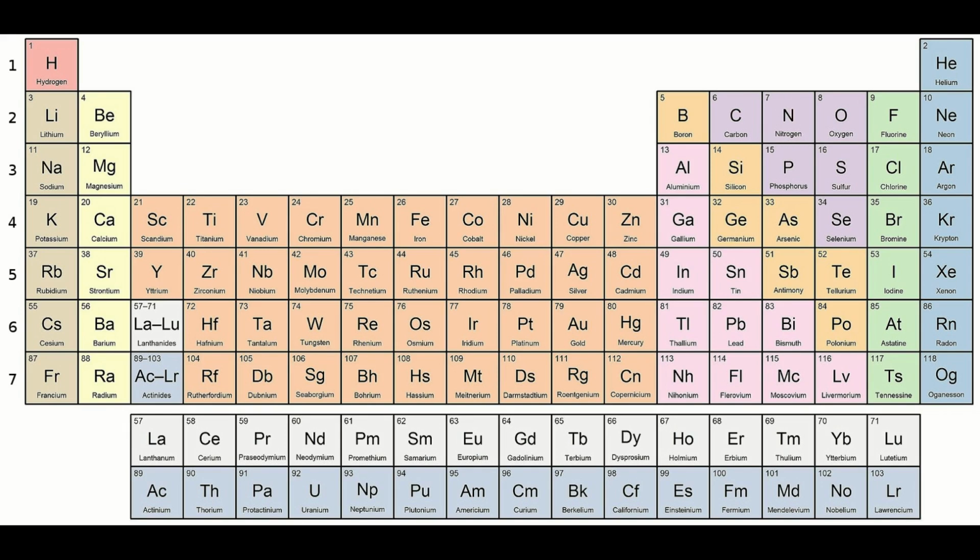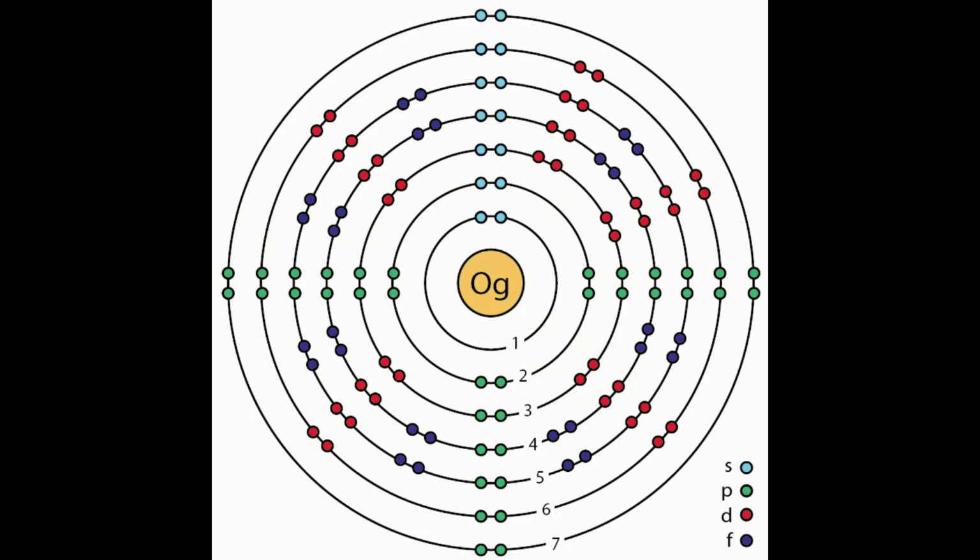Now, if you're already confused, let's take a quick look at what an atom looks like. Now, an atom doesn't look exactly like this. This is just a model called the Bohr model. So we have a nucleus here in the middle, which has the protons, and then the electrons spin around the nucleus.